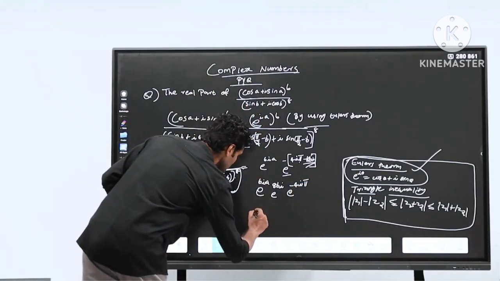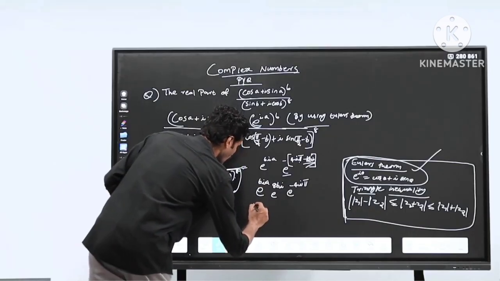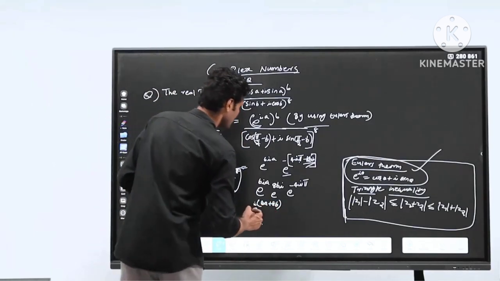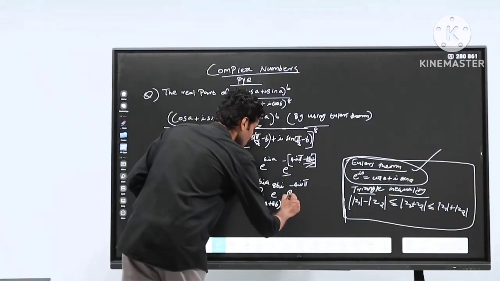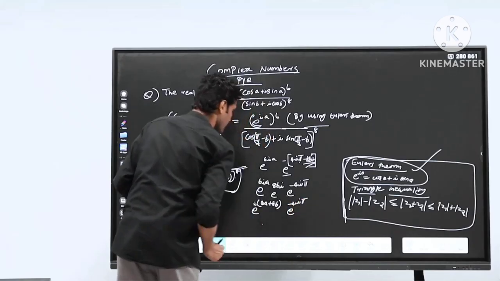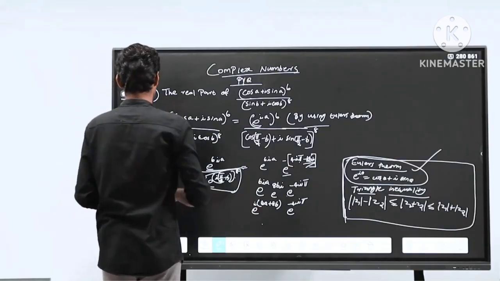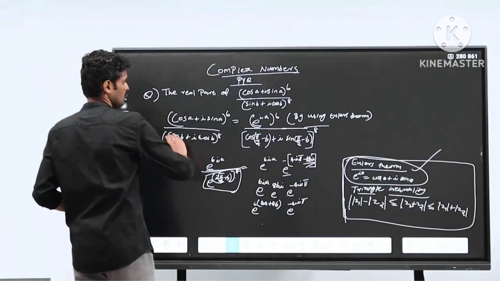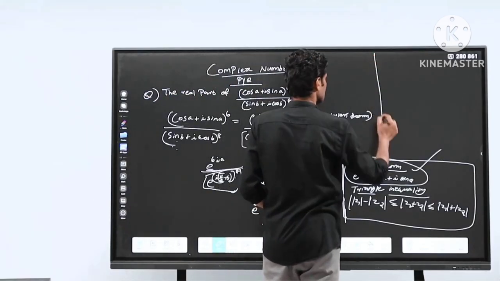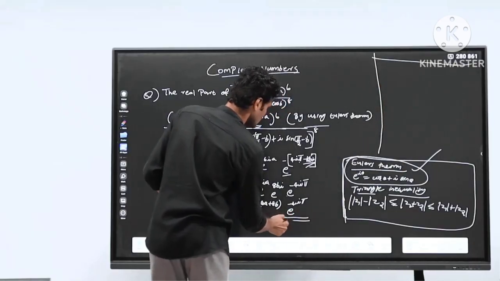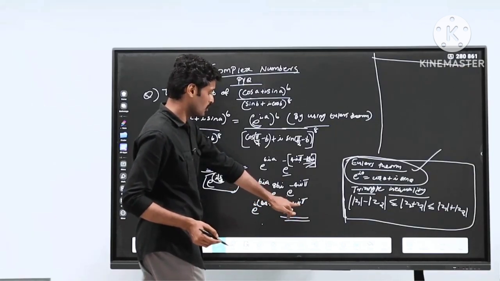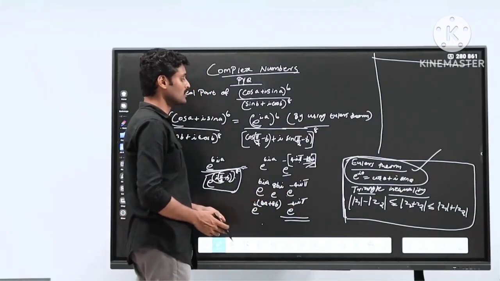So from here we can write e raised to I into 6a plus 8b, and we need to find the value of e raised to minus 4i pi. We can use Euler's theorem again. Okay, so what is e raised to I theta?